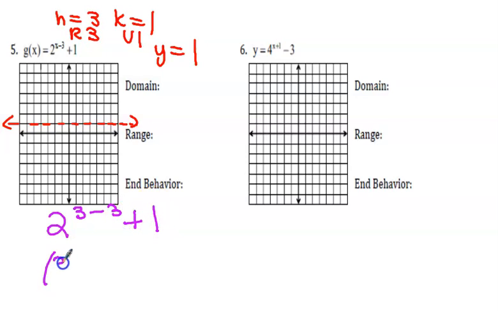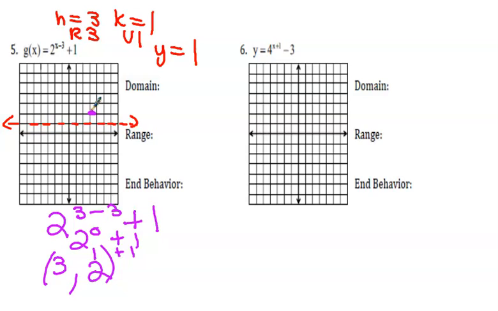Okay, so I plugged in 3 for x to see what happens. So I have 3 minus 3, which is 0, so 2 to the 0 plus 1. Well, 2 to the 0 is 1. 1 plus 1 is 2. So I'm going to go over 3, 1, 2, 3, and up 2, 1, 2. So when it says right 3 and up 1, that is from the asymptote, okay? So over 3, up 1, okay?